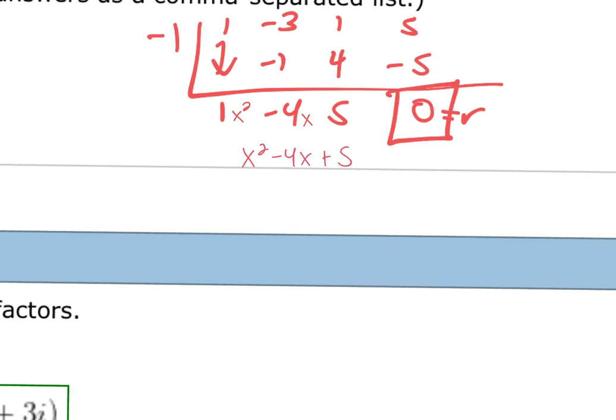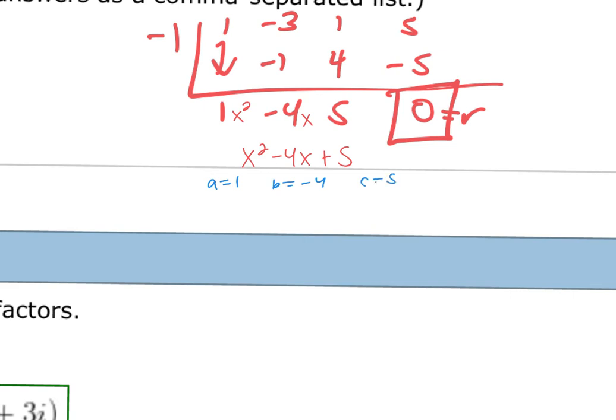I would try to factor that first, and it's tricky because 5 and 4 seem like they should be factorable, but that's a +5 and a -4, which means +5 means they have to be 1 and 5, which is going to give you 6, or -1 and -5, which is -6. So this isn't factorable. You have to use the quadratic formula. A would be 1, B -4, and C 5.